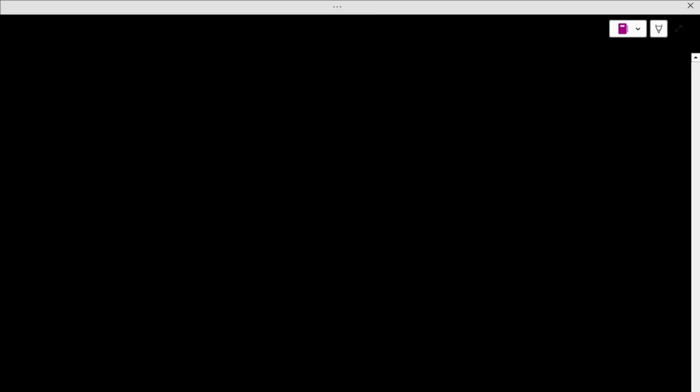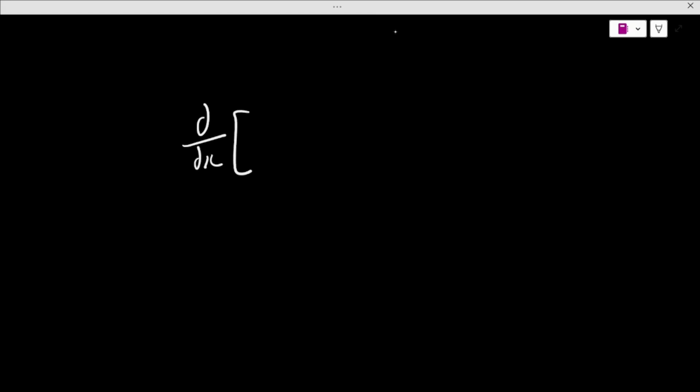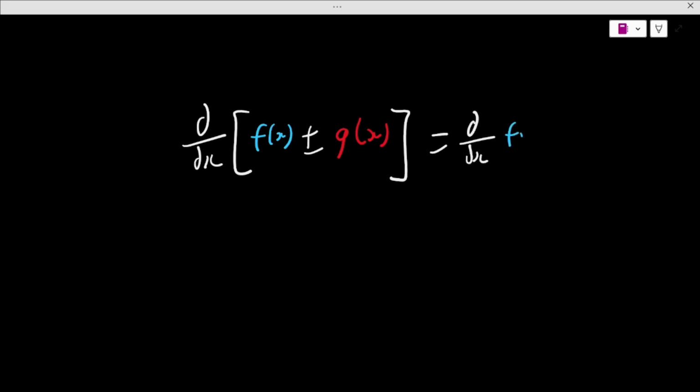Okay. Next we have the addition and subtraction rule. If we have the derivative with respect to x of f of x plus or minus g of x, this is equal to the derivative with respect to x of f of x plus or minus the derivative with respect to x of g of x.